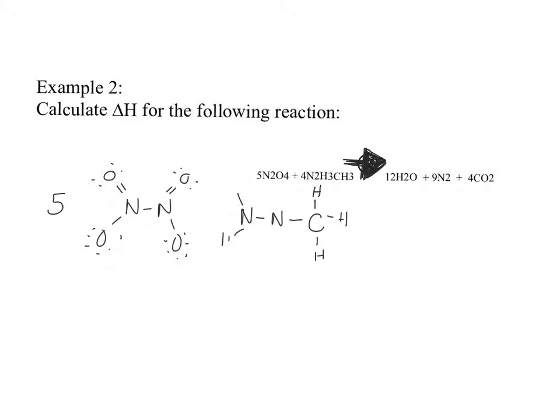So we have 2 coming off the N, 1 here, and a lone pair. Like I said, I'm doing this for the practical sense of showing you how to do these problems. And we have 4 of those. And that's going to yield 12 waters. Everyone should remember how to draw water.